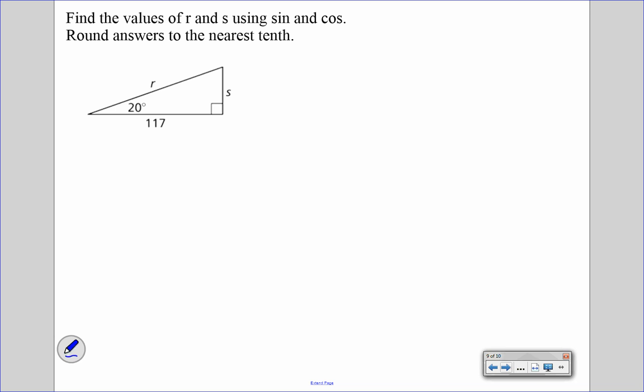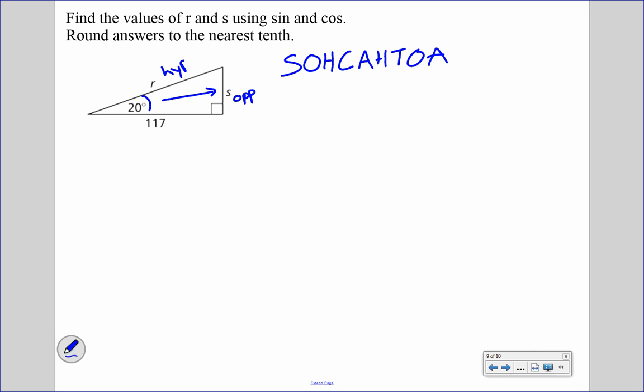All right, once again, we can use any of our trig functions to solve for r and s. So let's write out our SOH CAH TOA. And we're starting with our 20-degree angle. So we know that s is our opposite side, r is our hypotenuse, and 117 is our adjacent side.